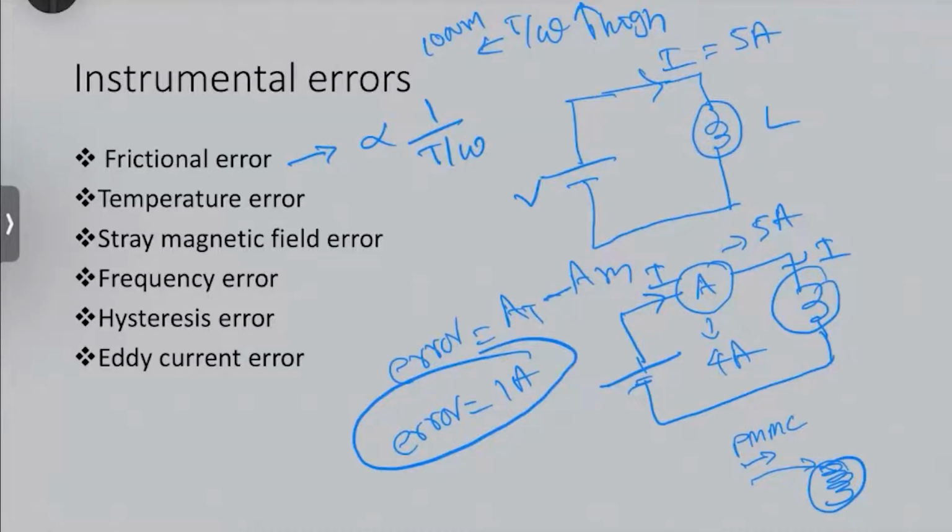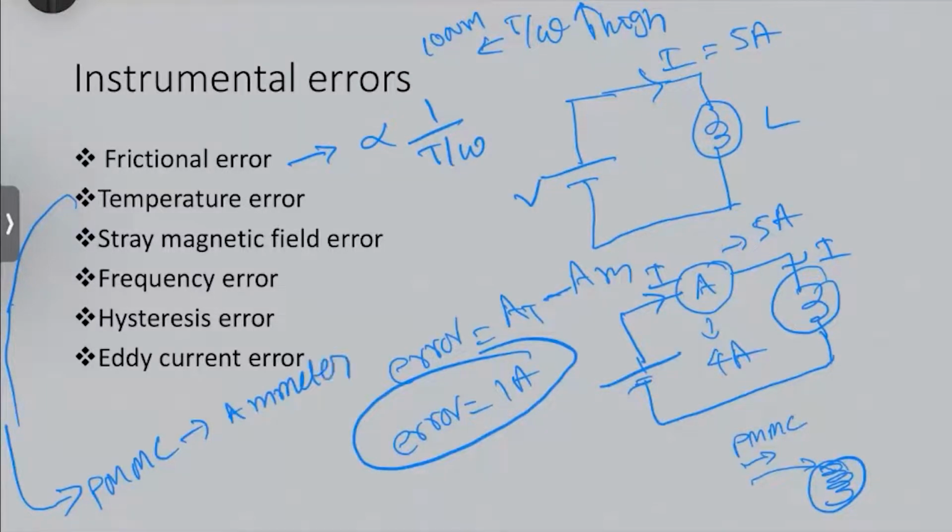Because of temperature, the controlling torque is affected, thereby some error occurs. This error is called temperature error. It occurs only in the PMMC meter, that too in the ammeter.